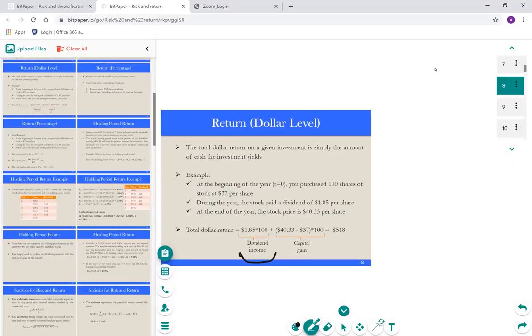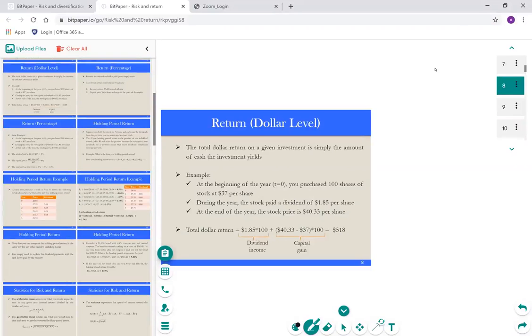And you can also earn a capital gain if the price of your stock goes up over the time that you're holding it. You could also have a capital loss in the event that the stock decreases in price while you're holding it. But that's going to be the basic composition of the return. It's going to be some combination of dividend income and a capital gain.